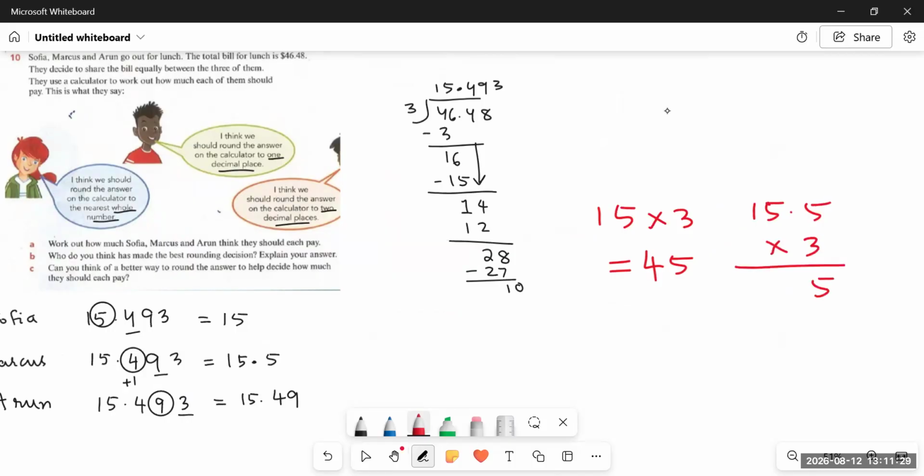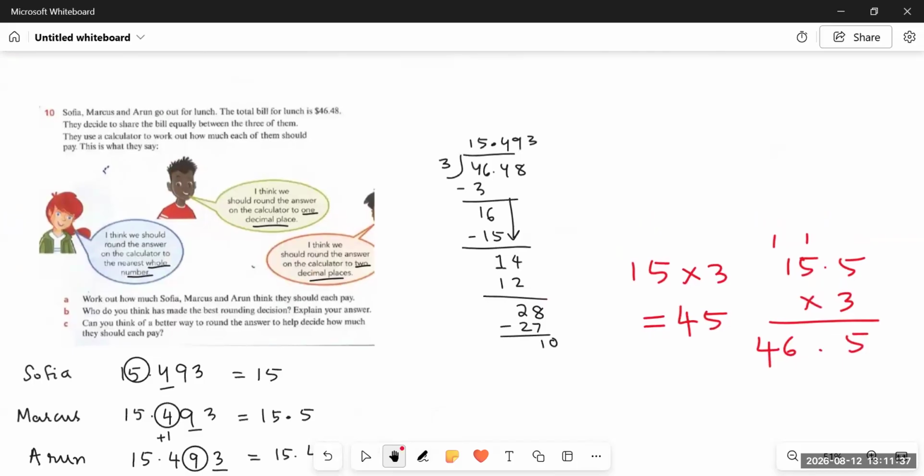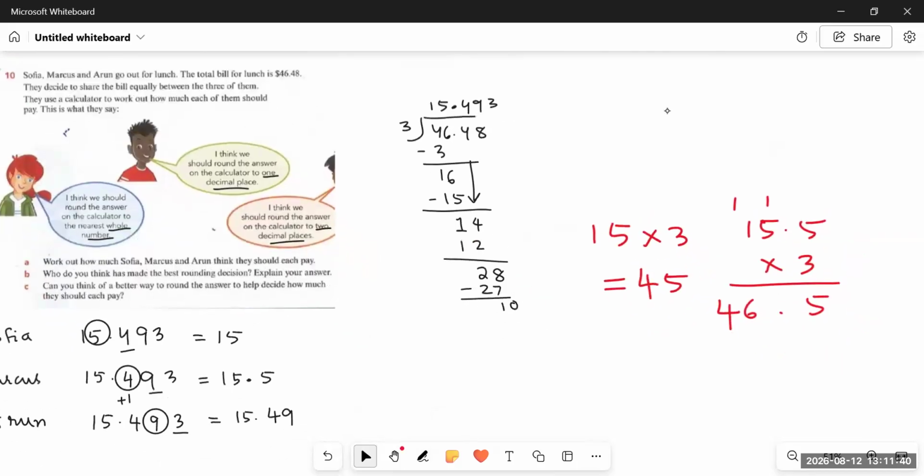So 5 threes are 15. And 3 ones are 3, $46.5. And the original bill is 46.48. So this one is closest to the original bill. It will cover the bill.